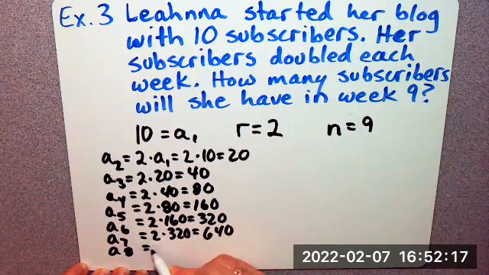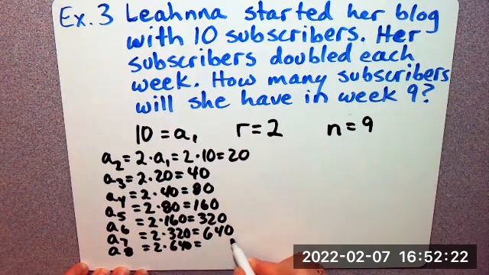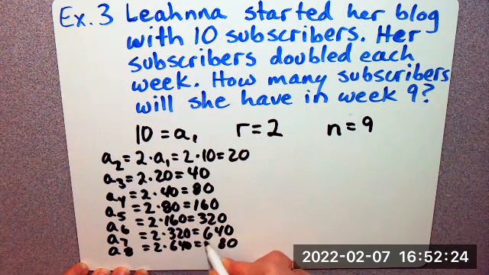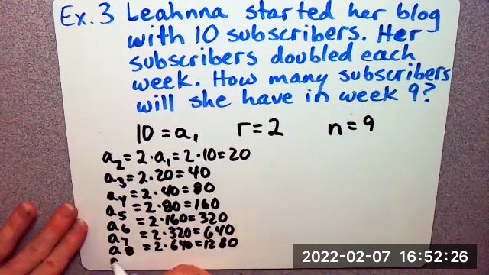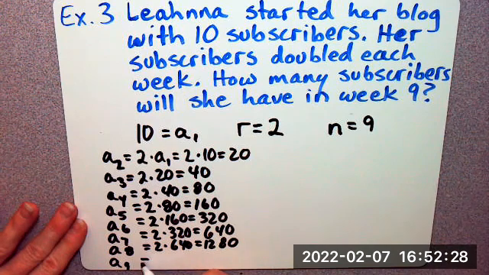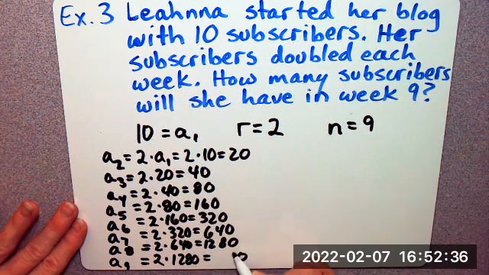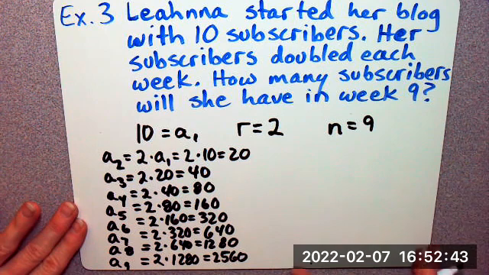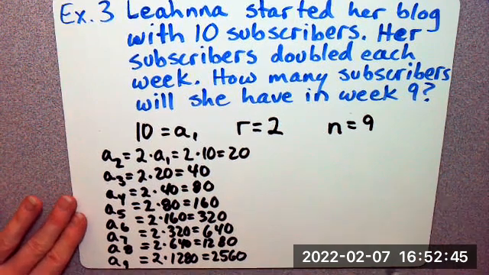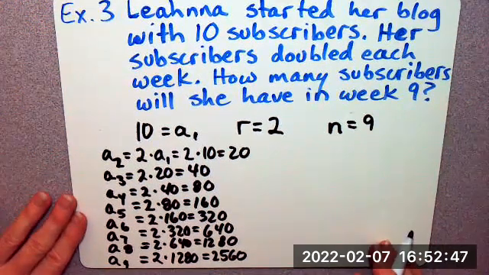A8 ends up 2 times 640, which gives us 1280. And then A9, our goal, is 2 times 1280, which gives us 2,560.